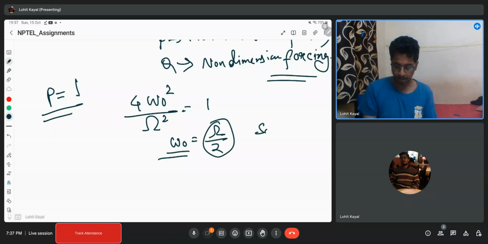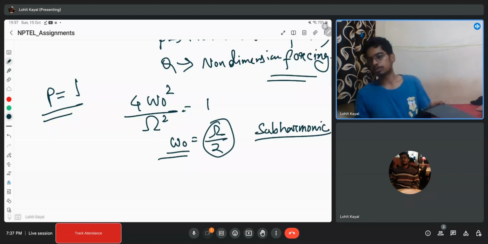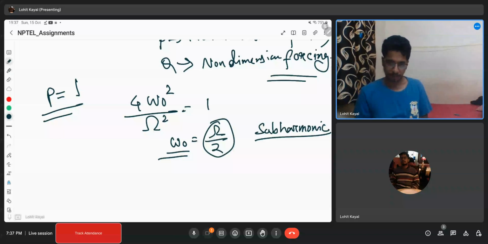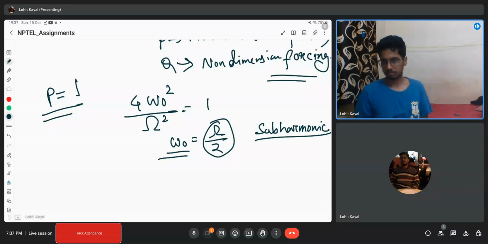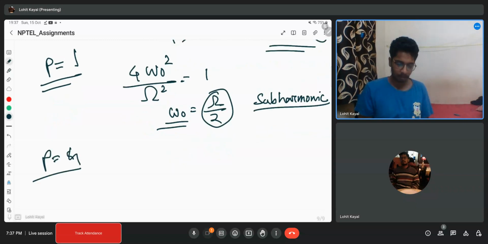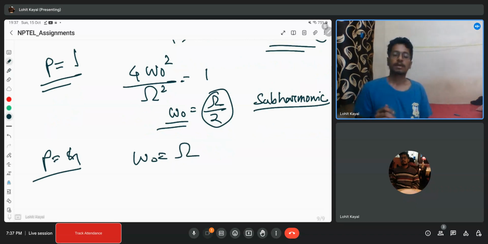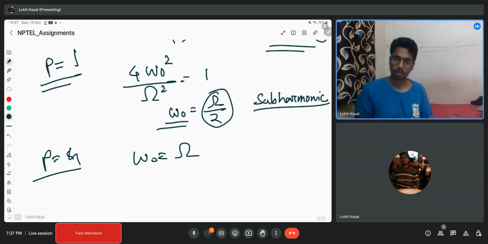This case is called the subharmonic case. I will show shortly that for this case it will be an unstable situation, that means the wave will grow. Now when p is equal to 4, your omega 0 is equal to omega. That means your response frequency is the same as your forcing frequency. This is called the harmonic case.